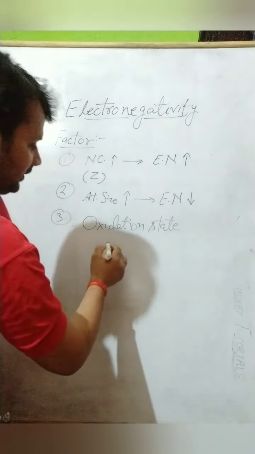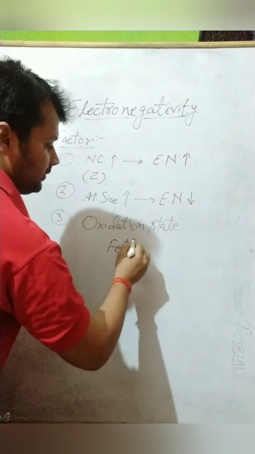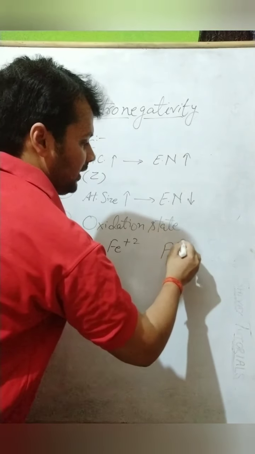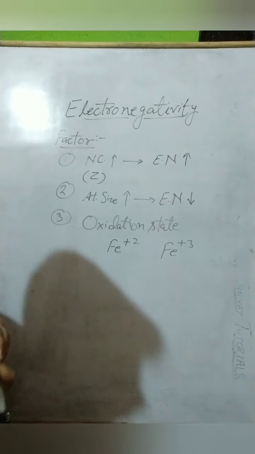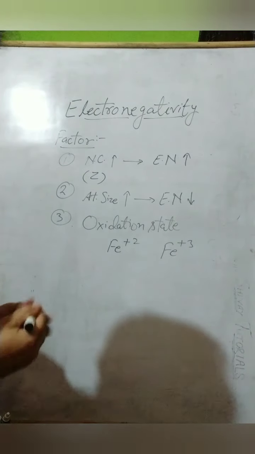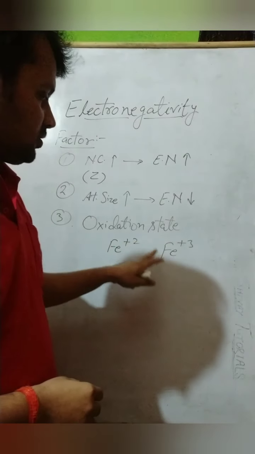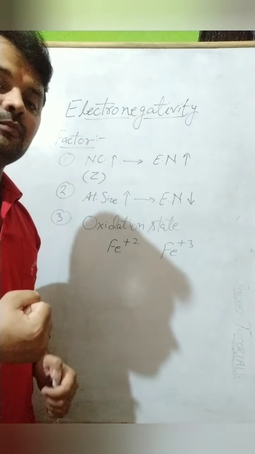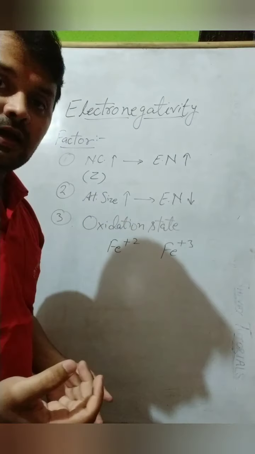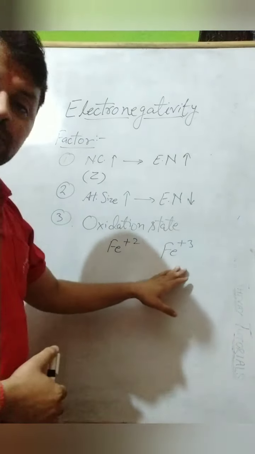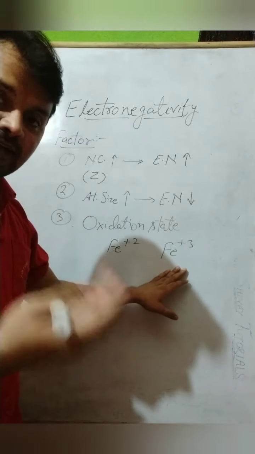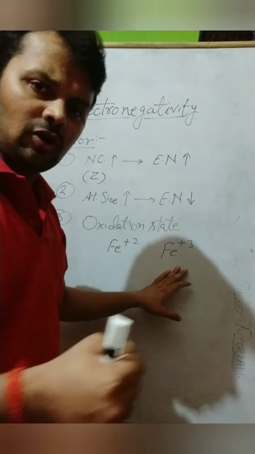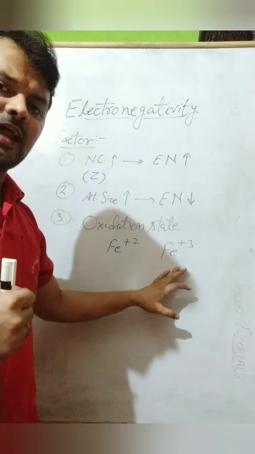Like we will take ferrous and ferric. So there are two ions there, right? If Fe plus 2 is there and Fe plus 3 is there, which can attract the electron towards itself more? The atom which has more positive charge, right? Because that has more positive charge towards the electron, that will have more force to attract it. Clear?